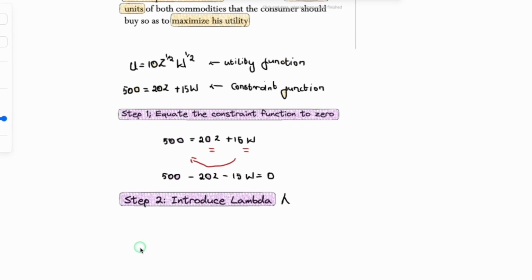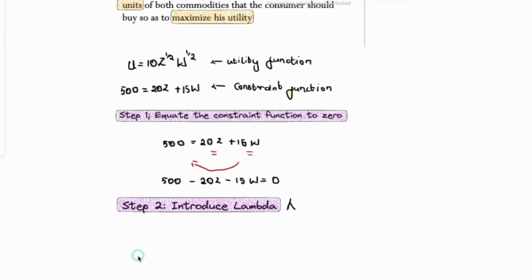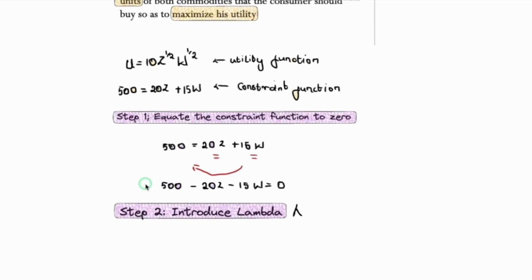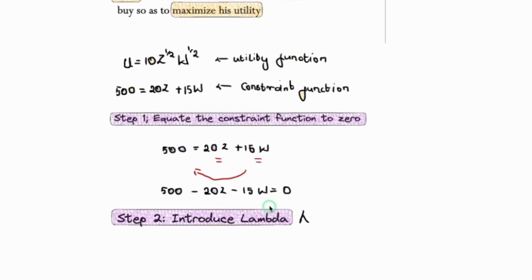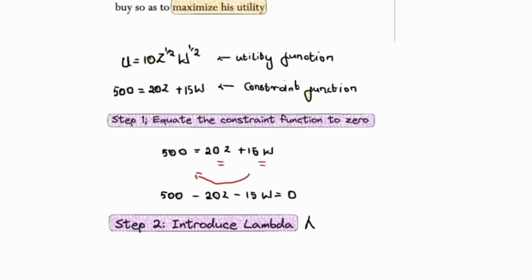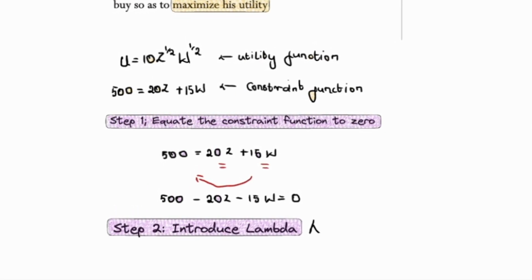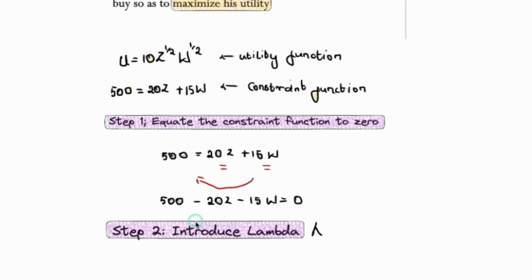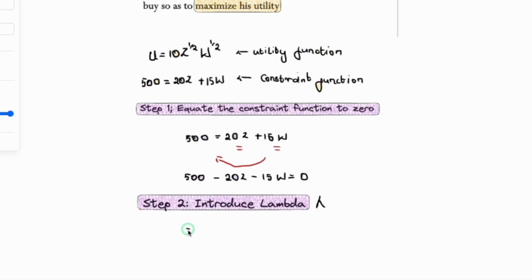We introduce lambda by multiplying it with the constraint function that we've just established in the previous step. So we're going to take the constraint function as we've determined it up here, which is 500 minus 20Z minus 15W, and we're going to multiply this with a lambda.